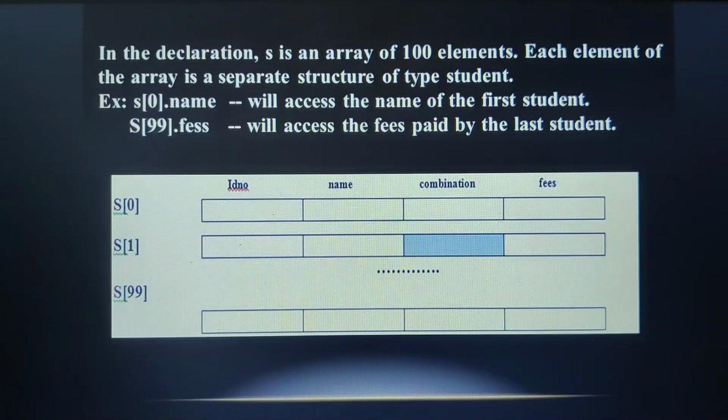Now similarly, if I want to access the name of the first student, then how do I do it? I use the structure variable followed by the dot operator and followed by the member of that particular structure. Like s of 0 dot name, in the sense I am referring to the name of the first student. Similarly, if I want to refer to the name of the fifth student, then I can give it as s of 4, because the subscript starts from 0, so 4 becomes the fifth student.